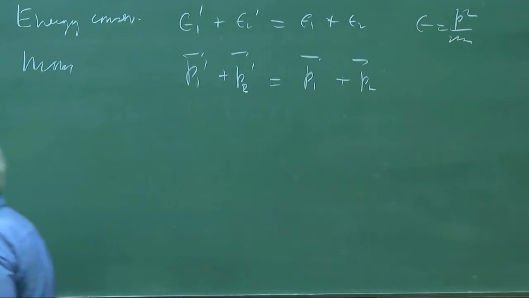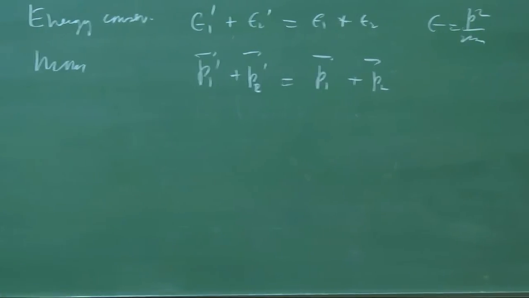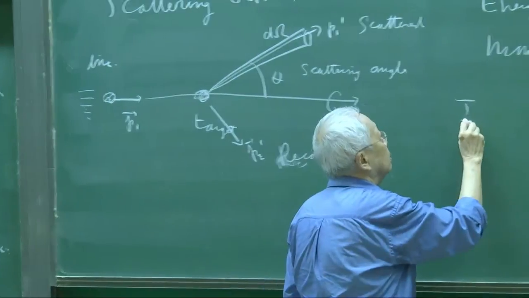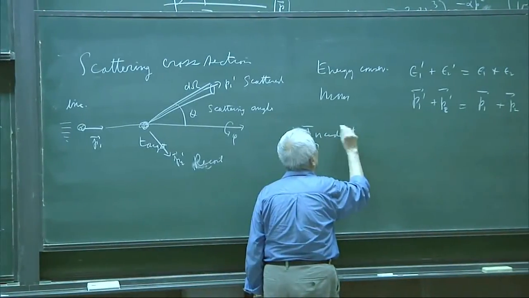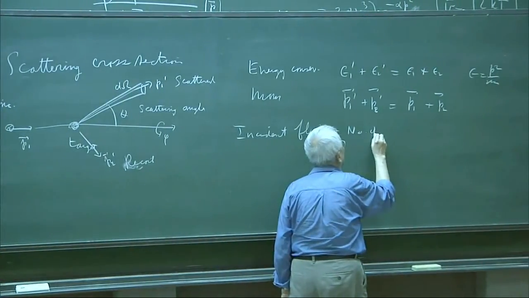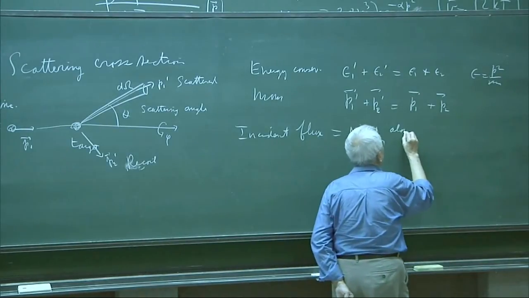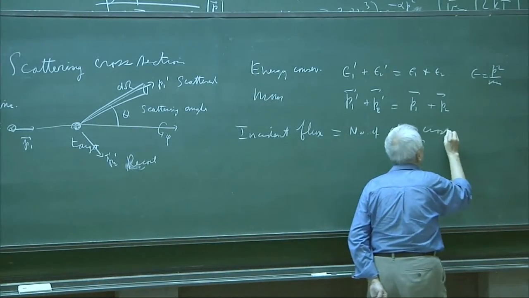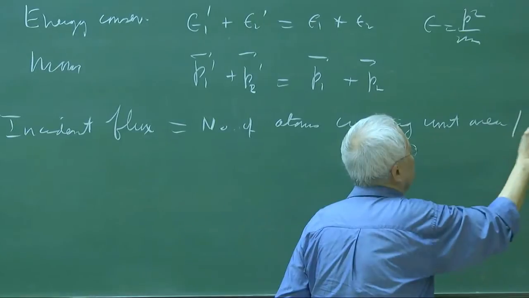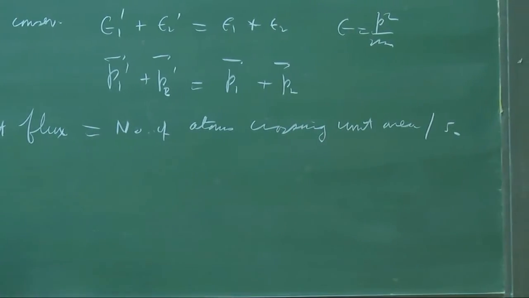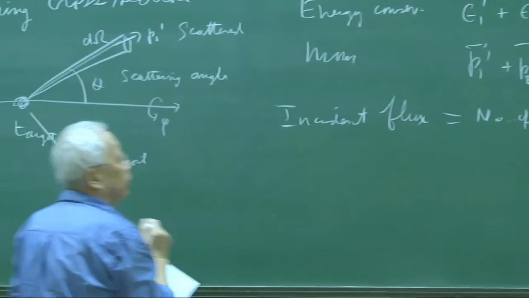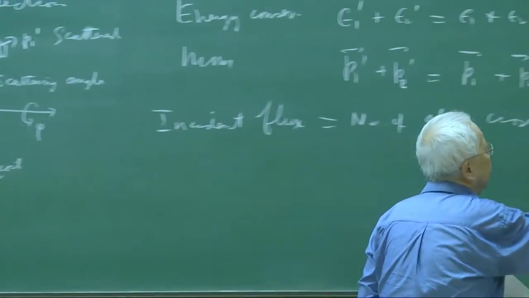The incident beam has a certain intensity. There's a beam coming in like this, and it's characterized by an incident flux. It's a number of atoms crossing unit area per second. If you hold up a wall here, you count the number of atoms coming here per unit area per second.